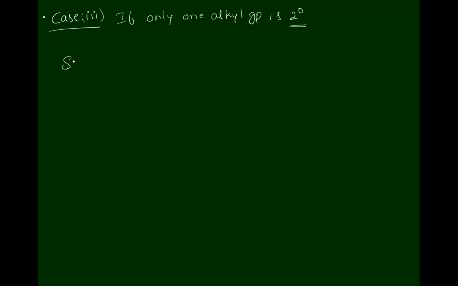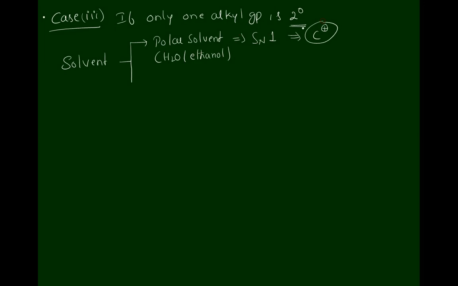The reaction depends upon the solvent medium. If the solvent medium is polar, if I carry out the reaction using polar solvents like water, ethanol, etc., then it always follows the SN1 mechanism, depending upon the stability of the carbocation.